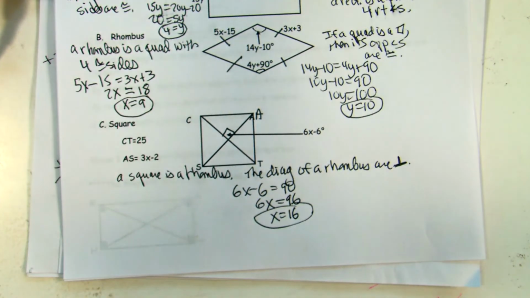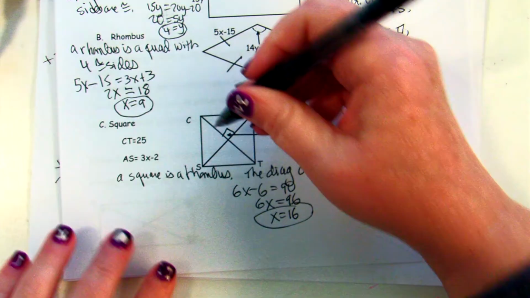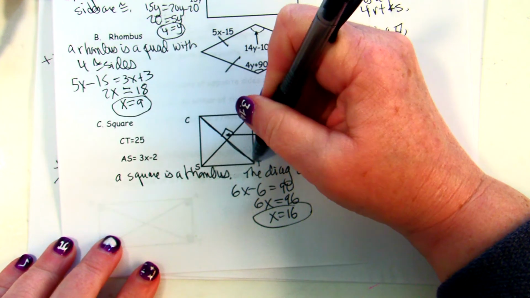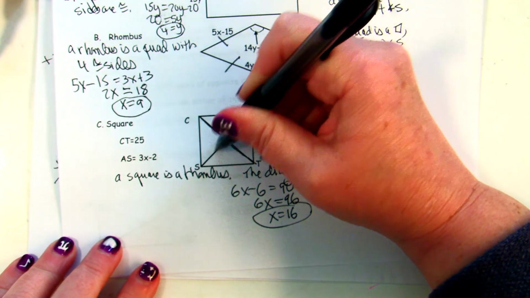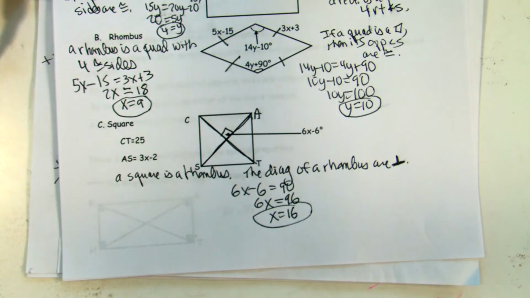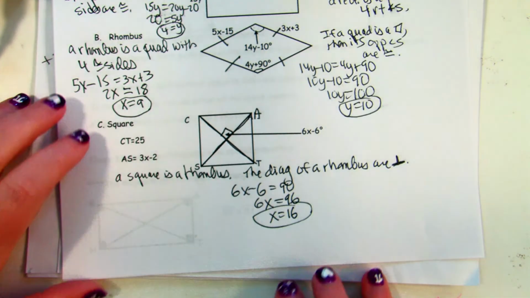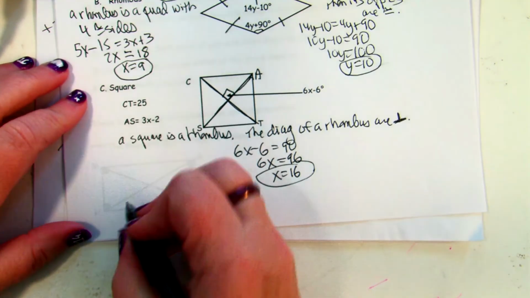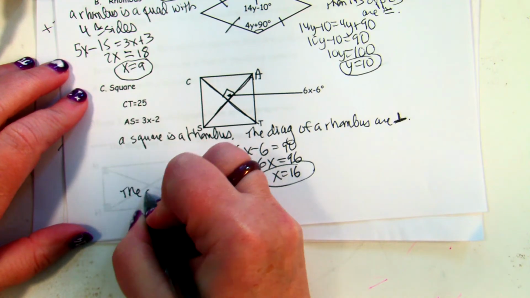And then it says CT, which is a diagonal, and AS, a diagonal. What's true about the diagonals of a square? They're perpendicular and they're what? What's the other thing that's true about them? They're congruent because it's a rectangle.